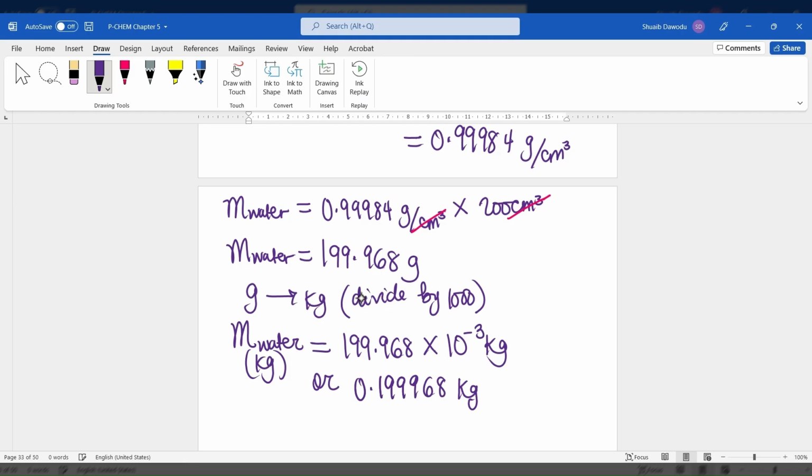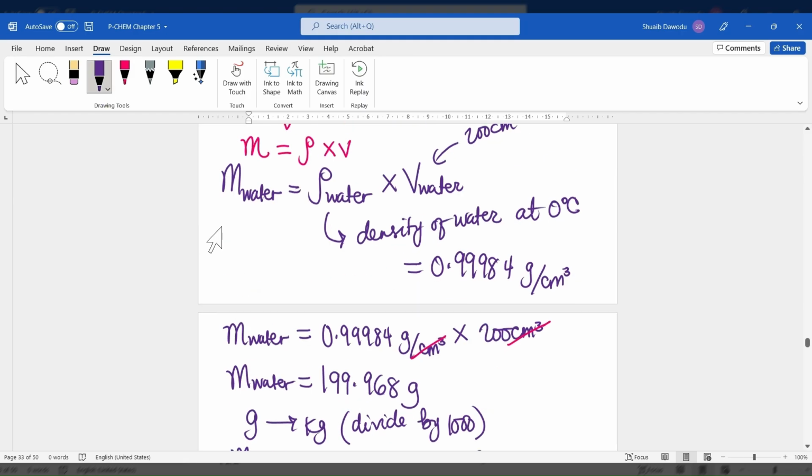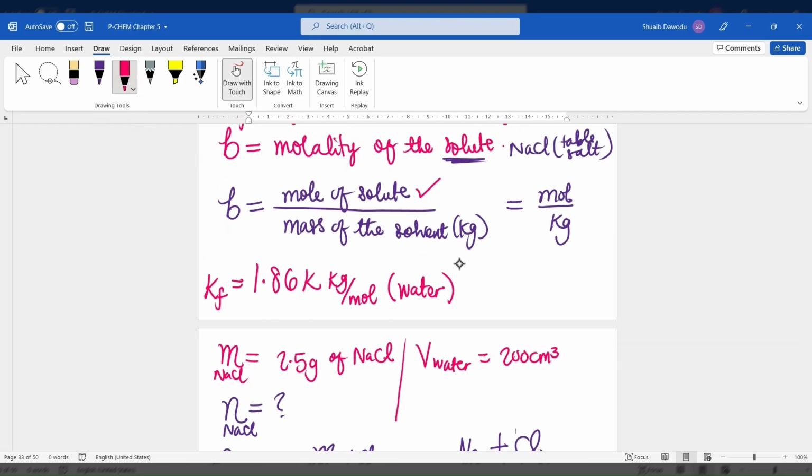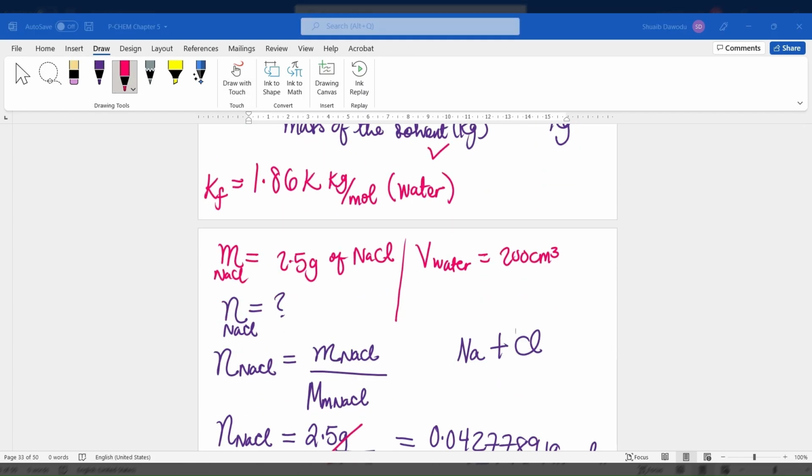So if we go back to our equation determining the molality, we see that not only have we found the moles of solute, we've also found the mass of the solvent. And yeah, our work is being done properly.